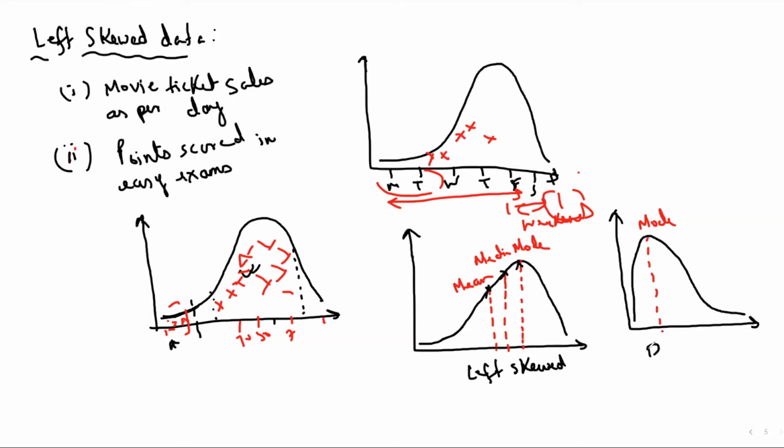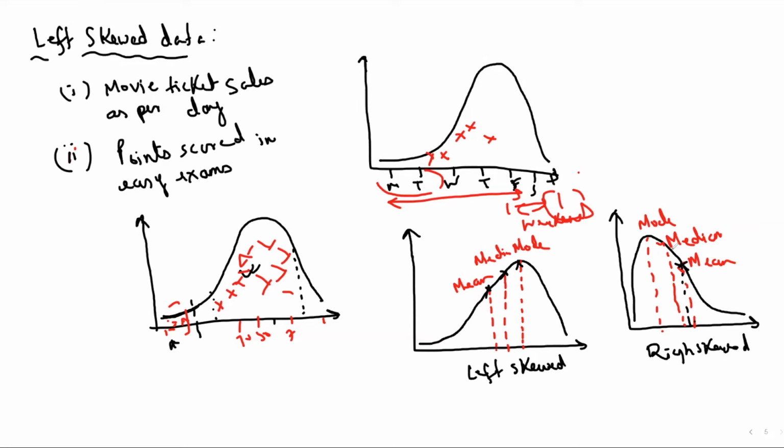For the right skewed data, this is the mode, this is the median, sorry, and this is the mean. So mean is towards the right in right skewed data, and in this case mean is towards the left.